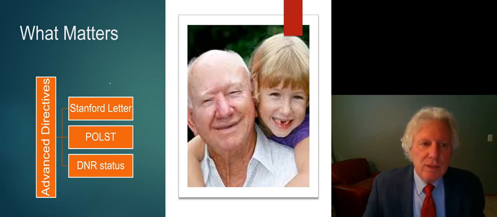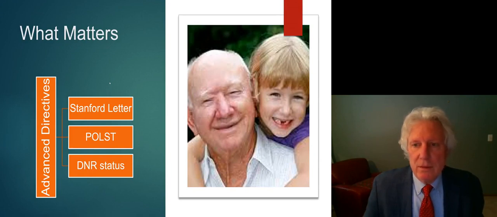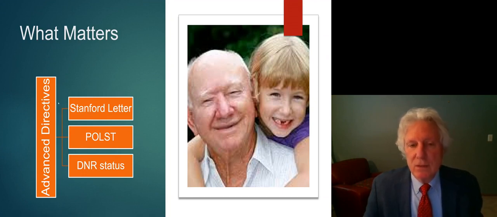A really important issue in geriatric assessment is to identify what matters to the older adult, and that drives just about everything else. So at the very basics, you would want to identify if they have any form of advanced directives. And mostly around the country, individuals will fill out a physician order set for life-sustaining treatment, or the so-called POLST.